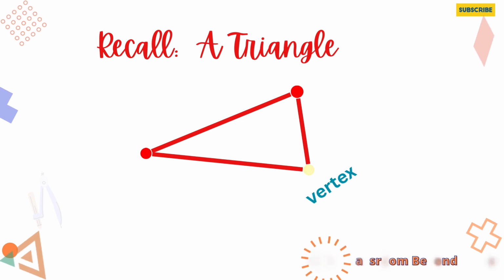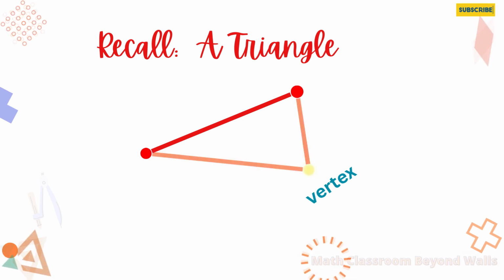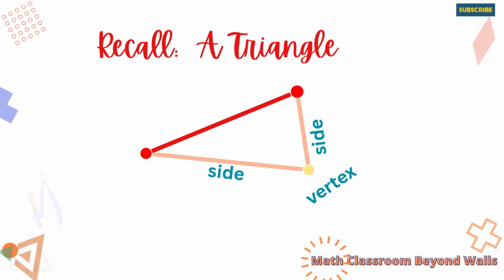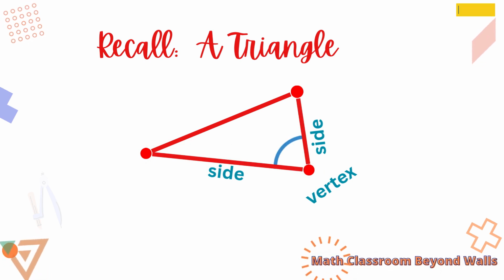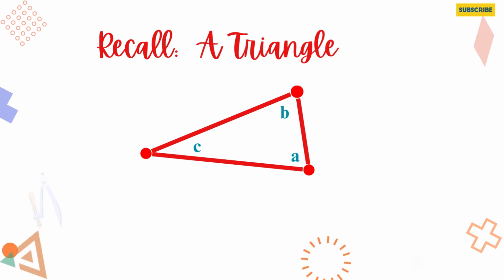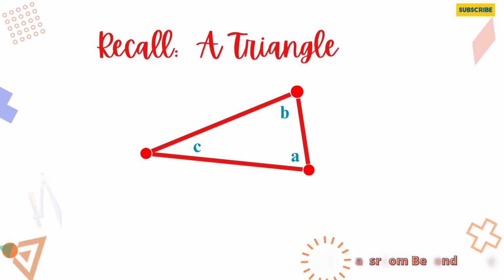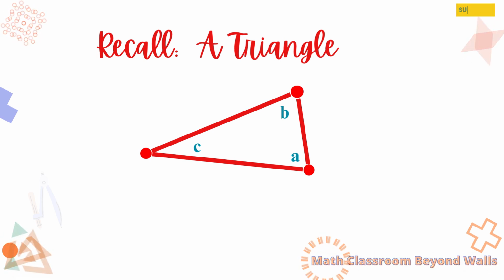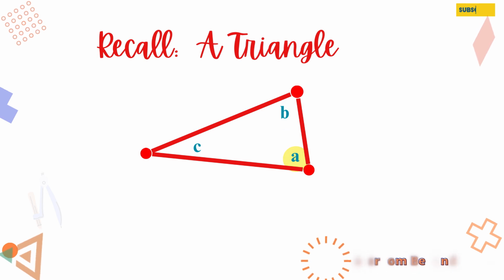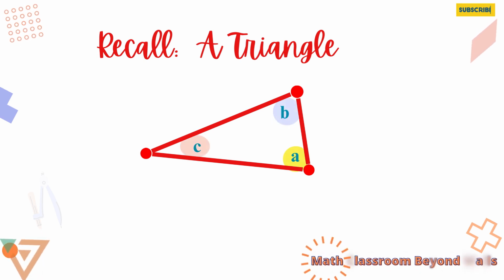A vertex, together with two adjacent sides of the triangle, forms an interior angle of the triangle. Every triangle has three interior angles. Let us name the three interior angles of our triangle as angle A, angle B, and angle C.